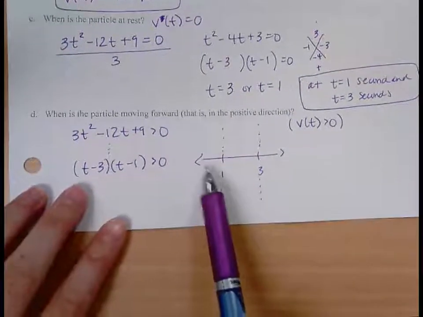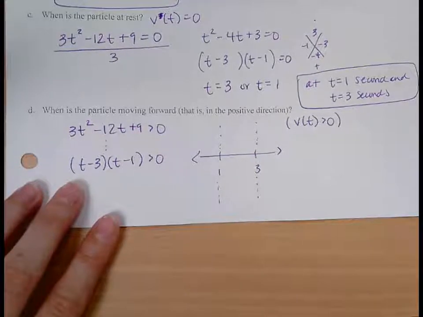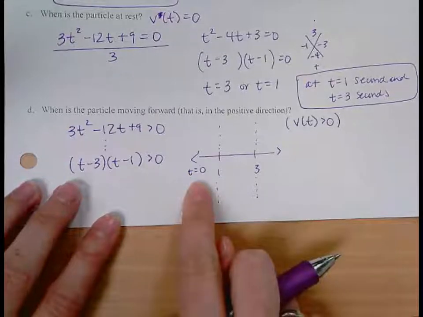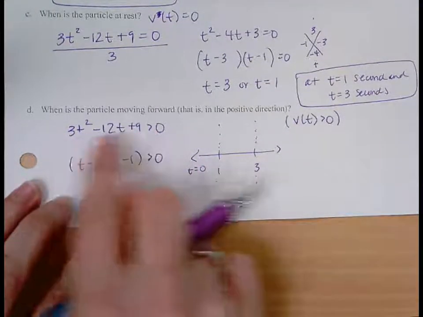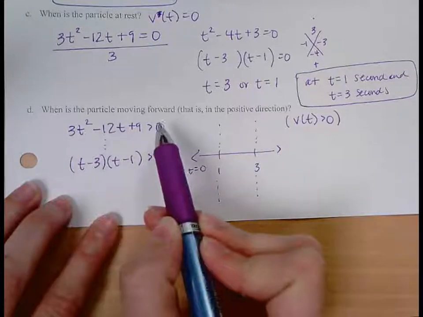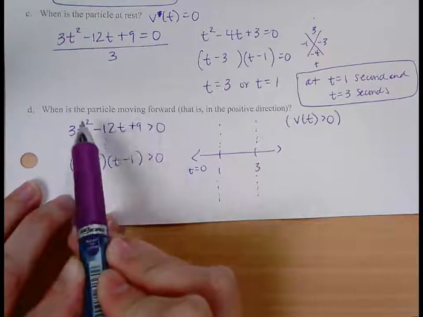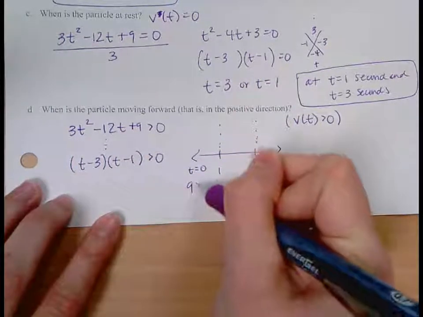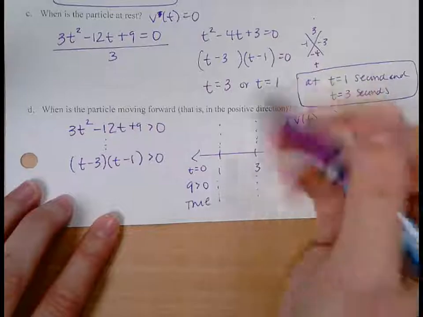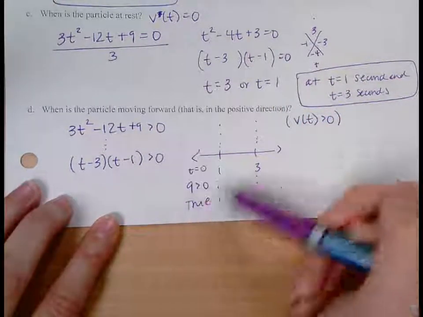So, for example, I could substitute any number that's less than 1, so I could use 0, and I just test it into my inequality. If I substitute 0 into the inequality, I would have 9 is greater than 0. Is that true? That is true. That means values of t less than 1 are true.